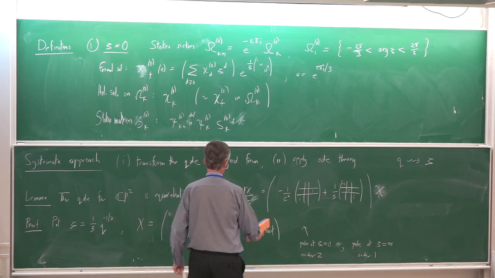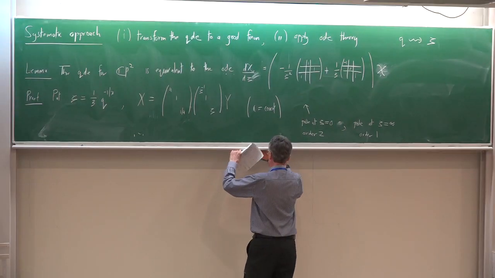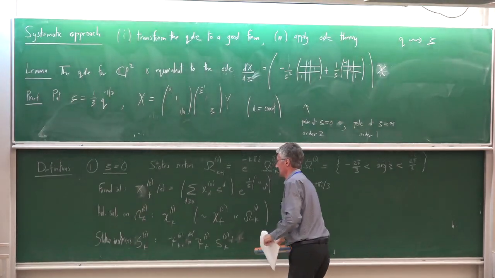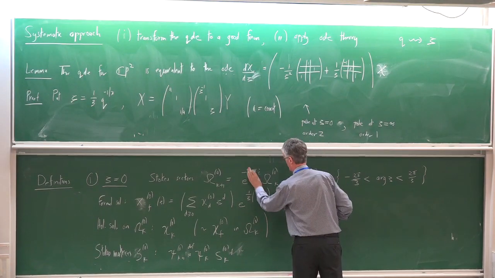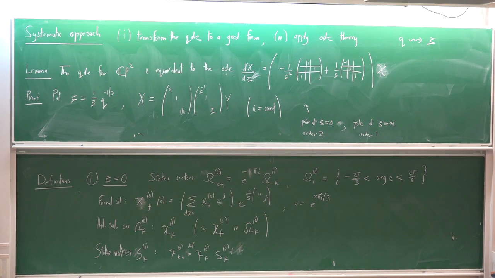Oh, sorry, yes. I see what you mean. Yeah, whether it's plus or minus is not important. I just decided to use minus. But yes, they differ by pi. That's the point. Thank you.